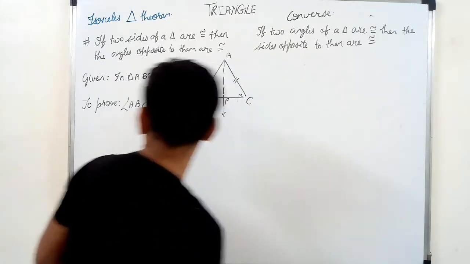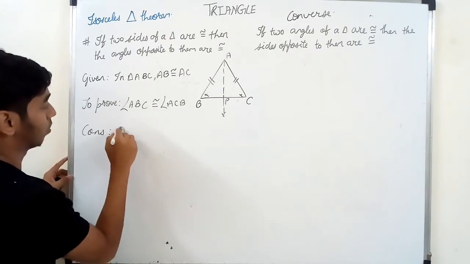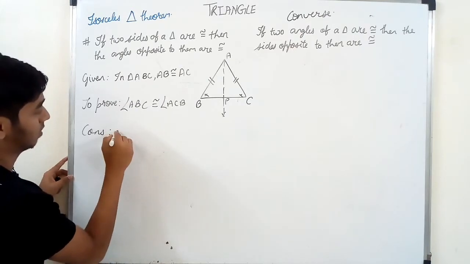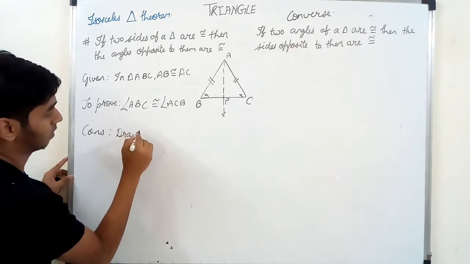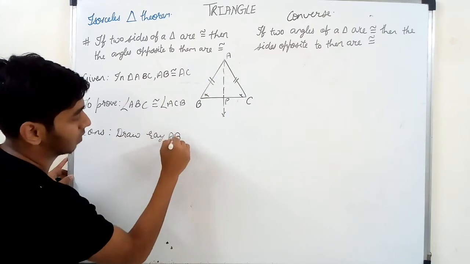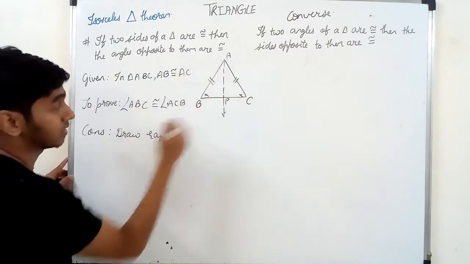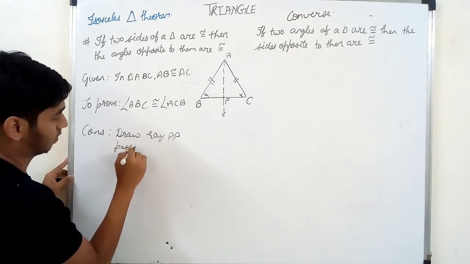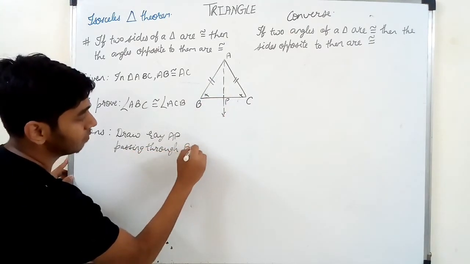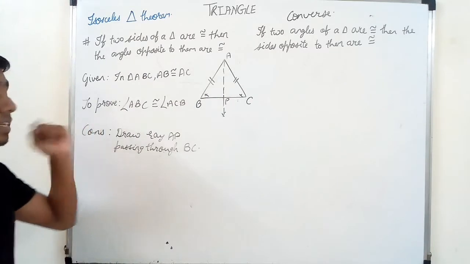We can write that the construction says: draw ray AP passing through BC. Now let's see the proof.